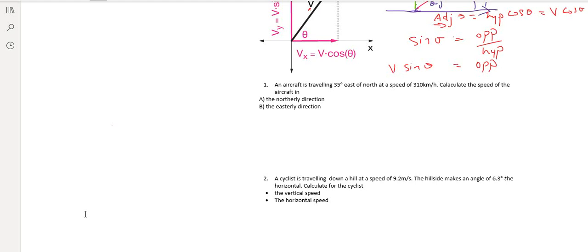Now with that, we have to convert our speed into actually a vector, or we should calculate the speed into velocity, so to speak. So how we're going to do that is we know the speed is equal to 310 kilometers per hour.